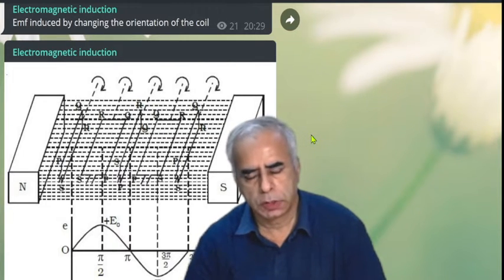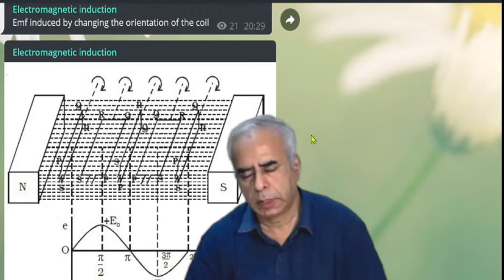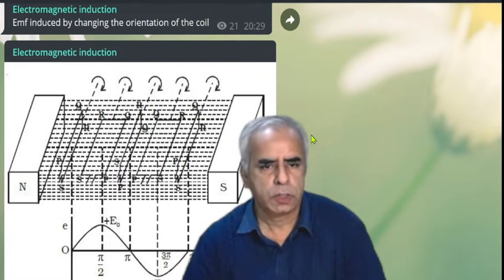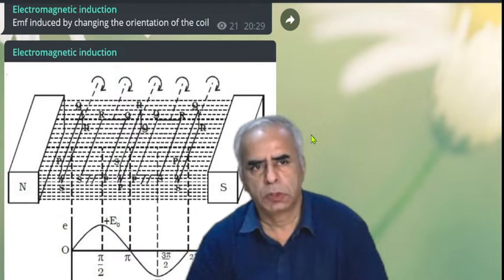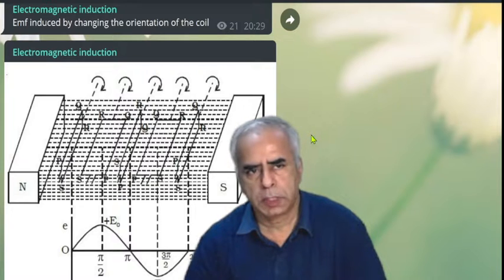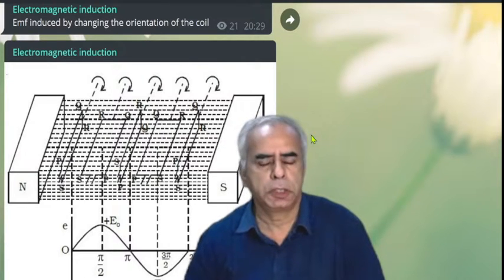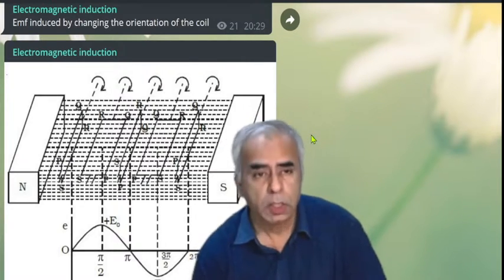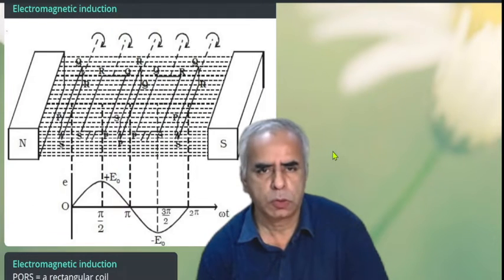You can change the area, thereby you get the induced EMF, and you can change the orientation. So the best possibility is by changing the orientation of the coil. EMF induced by changing the orientation of the coil.